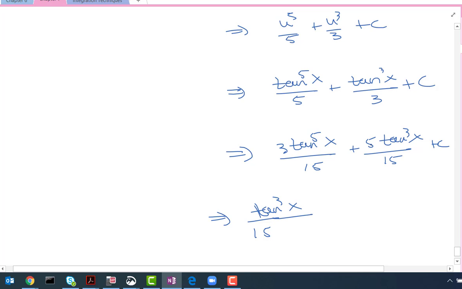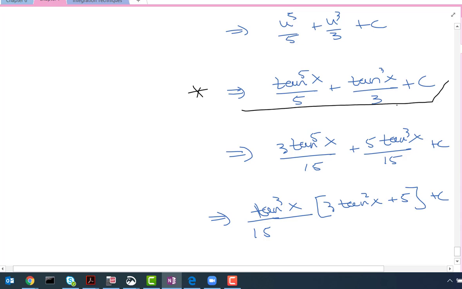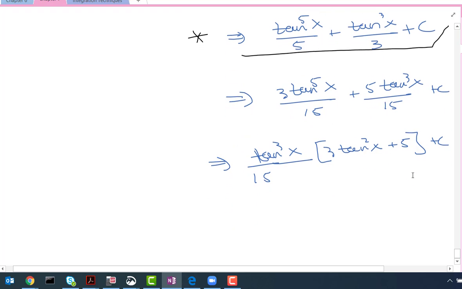You can take out the smallest one. And so you'll be left with 3 tangent square x plus 5. That's not necessary, just in case you see something like this on WebAssign. I want you to be aware of what they did. But if you stopped here, this will be a perfectly acceptable answer on a quiz or a test.